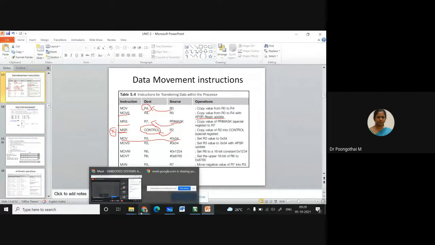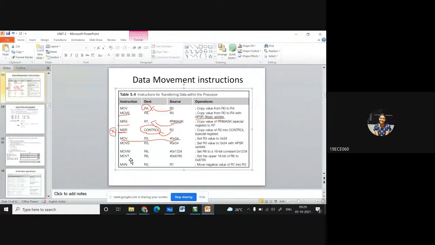Could you repeat that? Yes. Okay, ma'am. It moves the content to the upper 16 bits. Okay. So the 16-bit value is written into the upper 16 bits, that is the MSB. So set the upper 16 bits of R6 to 8765.